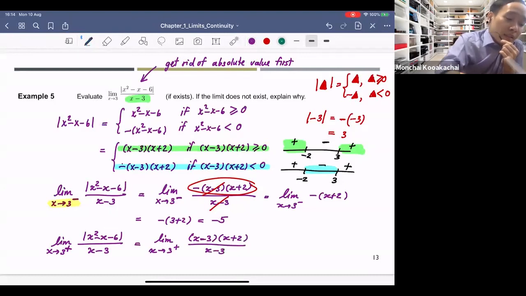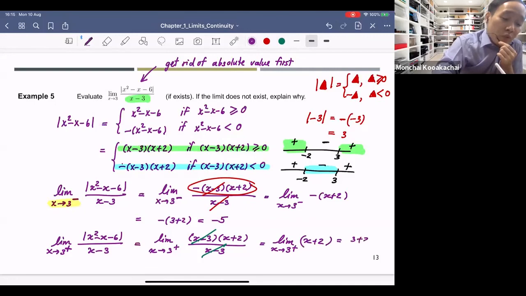This is going to cancel out the x minus 3. So you have only the limit as x goes to 3 from the right of x plus 2, and that will give you 3 plus 2, which is 5.